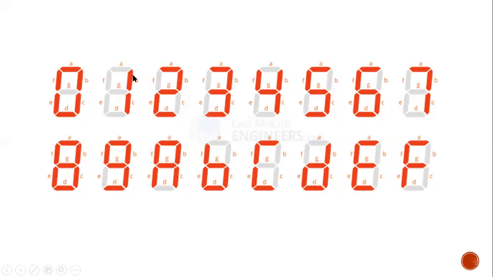In the same way, for displaying 1, B and C we should drive logic 0, and all other LEDs including the point should be 1. In the same way, I should send information from your LPC1768 to the LED display. Depending upon these values, we will write a truth table.